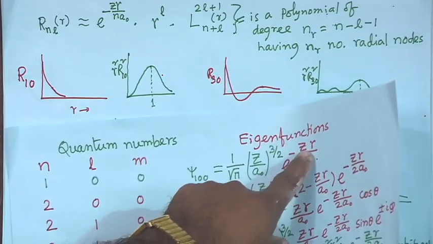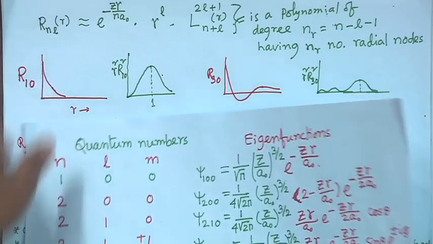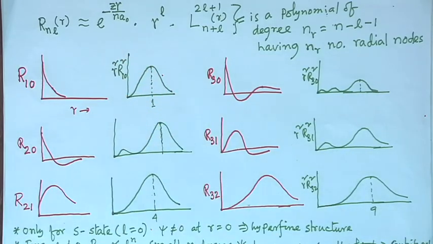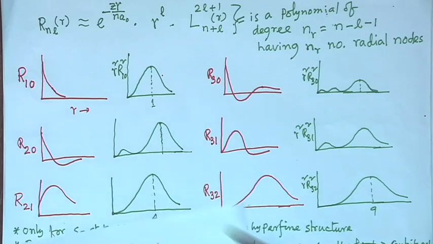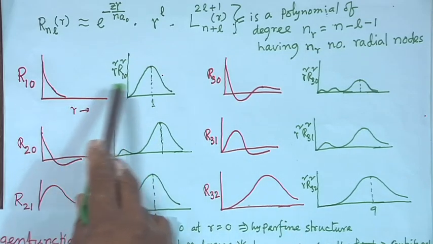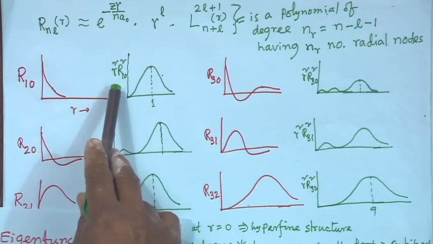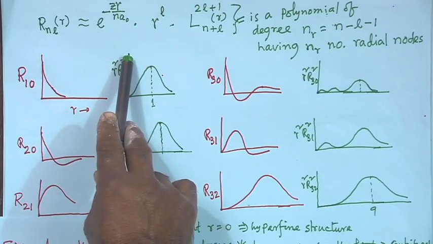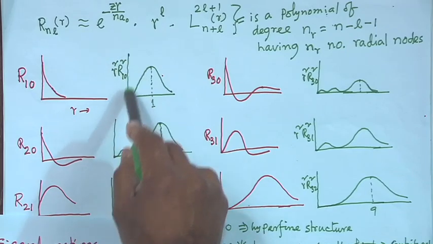I have drawn the exponential curve. Now, the radial probability density, r squared R nl squared, here r squared R10 squared. It will be like this.